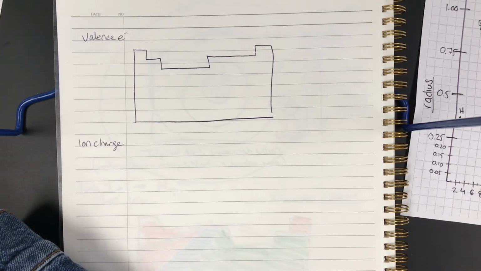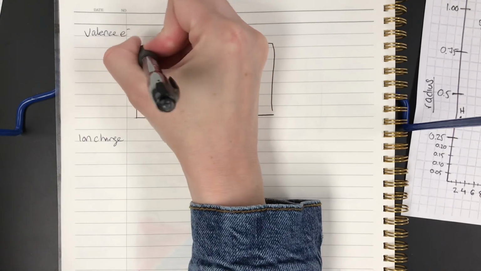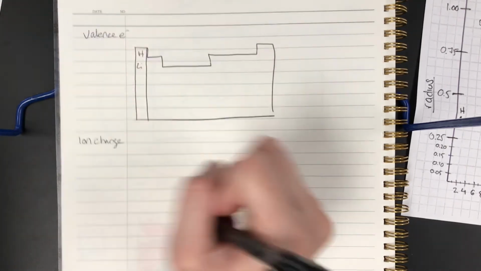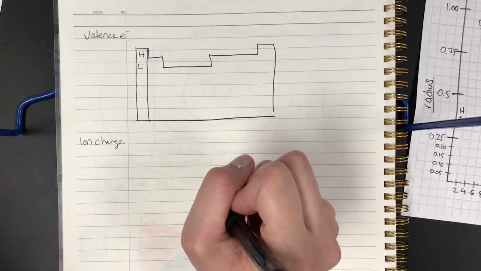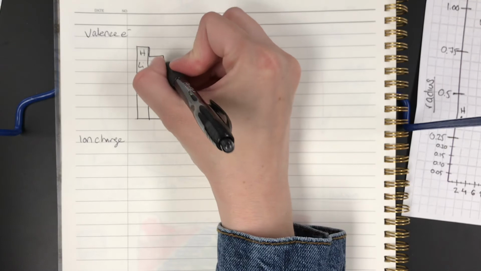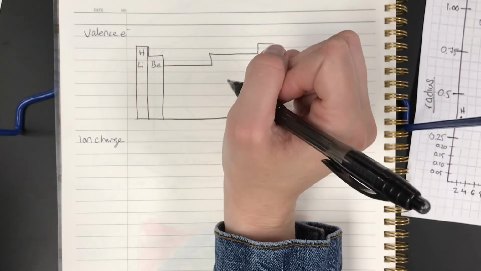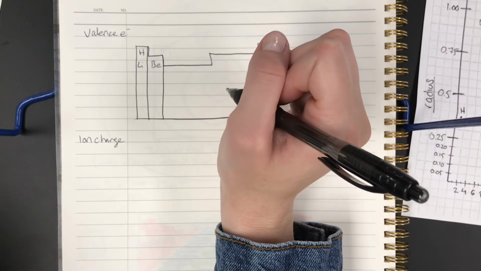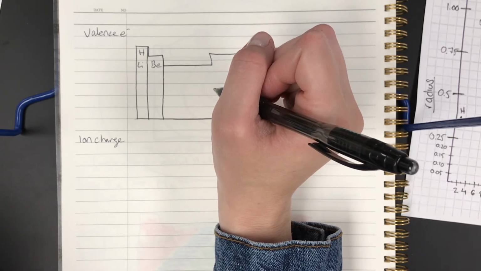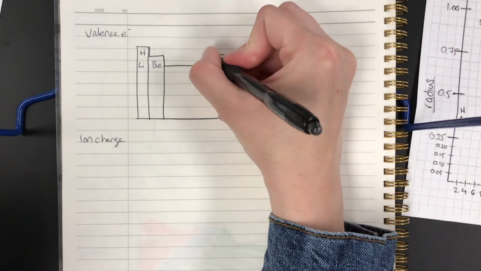So I've got my periodic table drawn. Here's the first one, and that has hydrogen at the top, and then lithium. And then the next one starts with beryllium. We're going to skip the transition metals because some of those get a little bit goofy and don't quite follow the rules that we've learned so far.